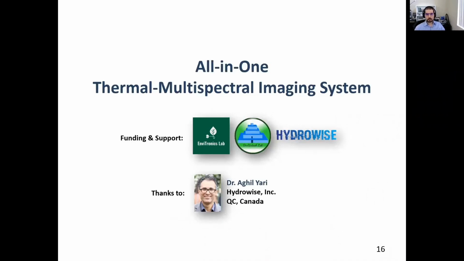And as I said, that history, that background, those challenges brought me to the point that I decided to develop an all-in-one thermal multispectral imaging system, and I'm going to provide a little bit of details about it. So this is going to be a kind of high-level description of the system because of limited time.